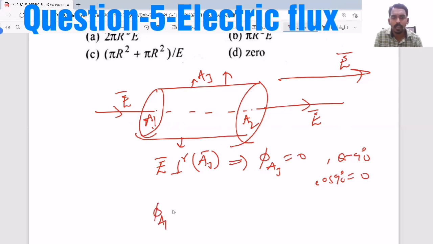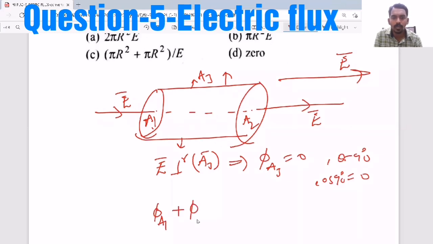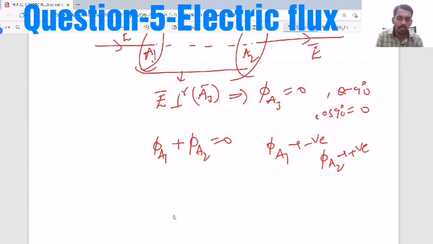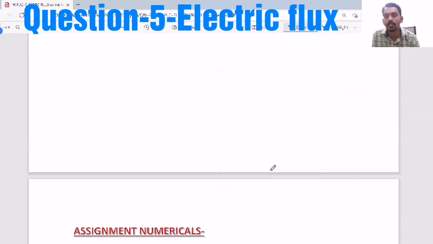Flux through A1 plus flux through A2 will become 0, because flux through A1, that is entering, that is negative, and flux through A2, that is positive, and both are equal. Why? Because both are having same area, both are having same field also. That's why the total net electric flux will become how much? 0.